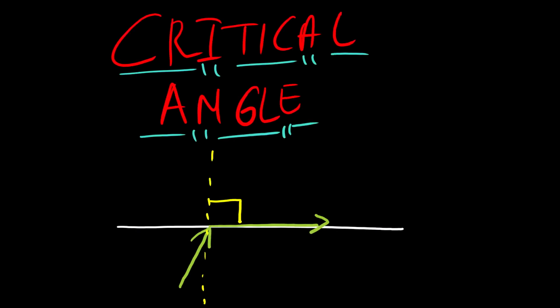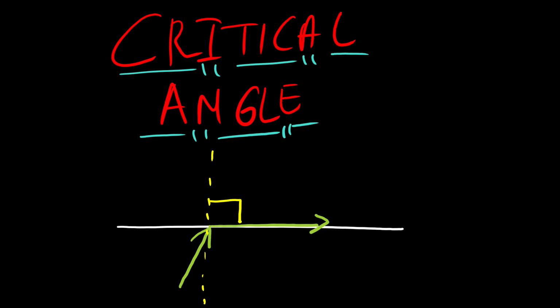Our next part of the lesson is critical angle. We should know what is critical angle. Now, the definition of critical angle is the angle of incidence in the optically denser medium for which the angle of refraction in the optically less dense medium is 90 degrees.